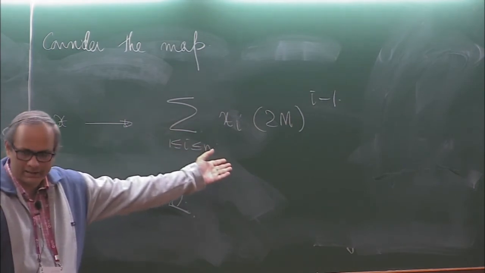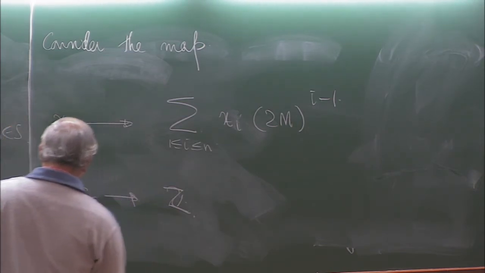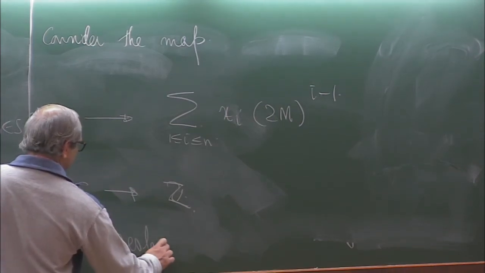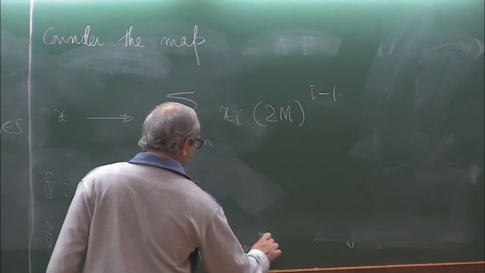This map is actually on Rn, it's an R linear map. You just take any point and send it to this thing. It's obviously R linear. So F is the restriction of an R linear map.